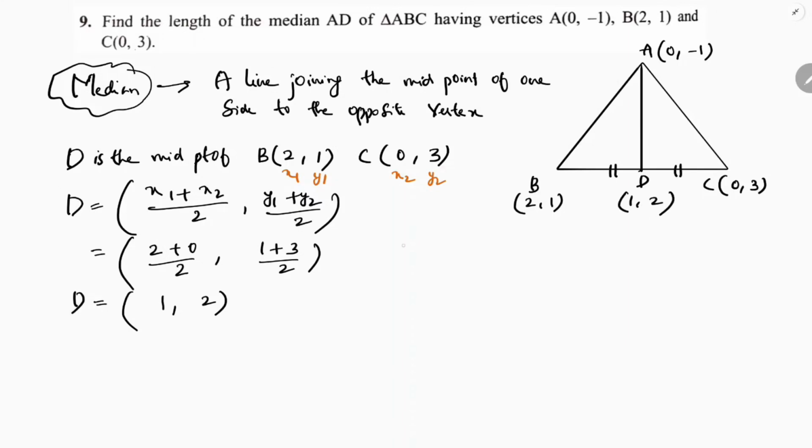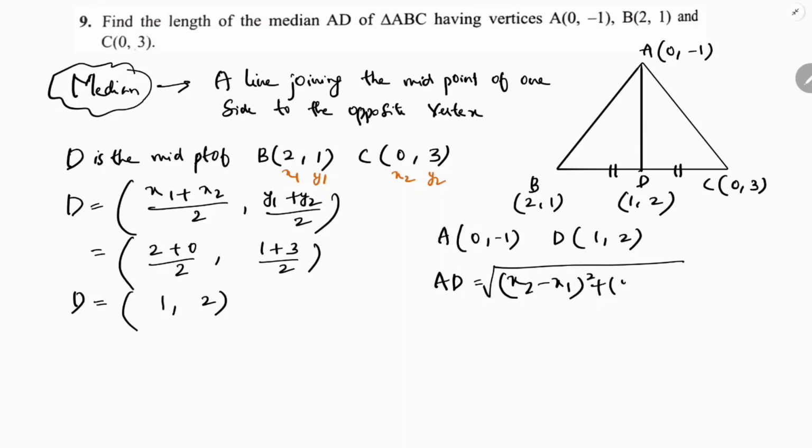Now we need to find the length of AD. AD distance I need to find. A is (0, -1). D is (1, 2). So the length of AD, by the distance formula, is under root (x2 minus x1) whole square plus (y2 minus y1) whole square. Here x1, y1, x2, y2.